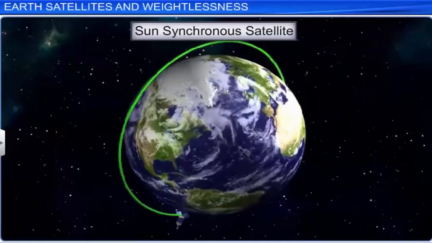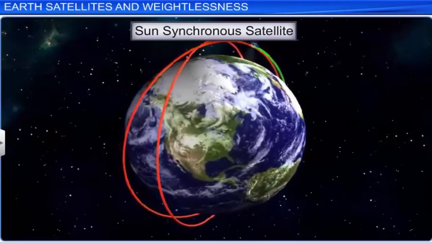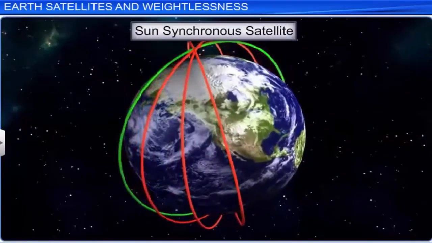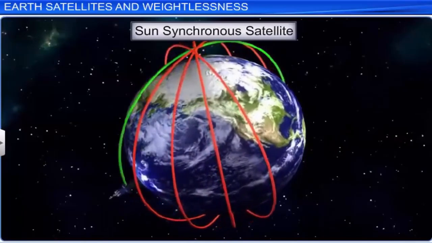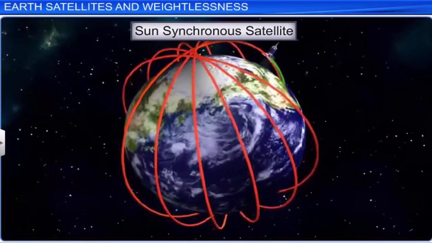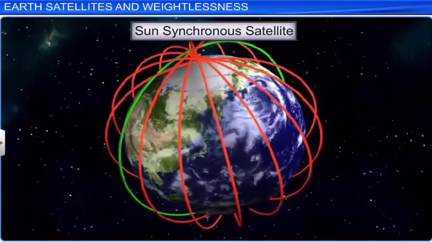When a satellite revolves around the Earth, successive north-south passes are displaced the same distance as the Earth rotates during one orbital period of the satellite. As a result, the satellite covers the given place at the same local sun time daily.